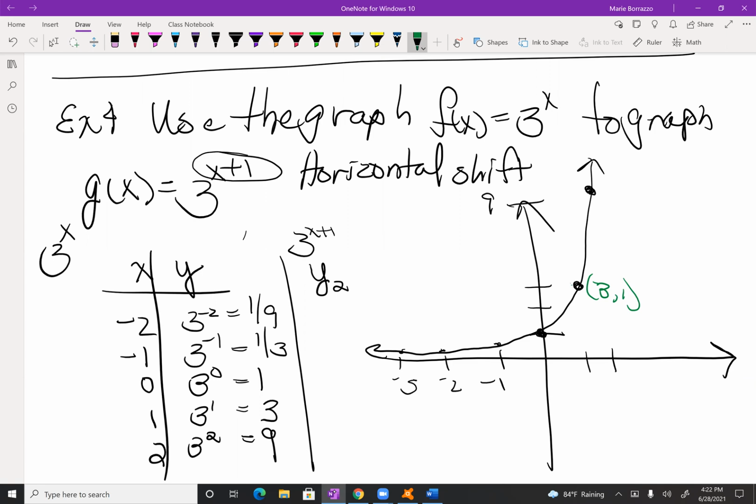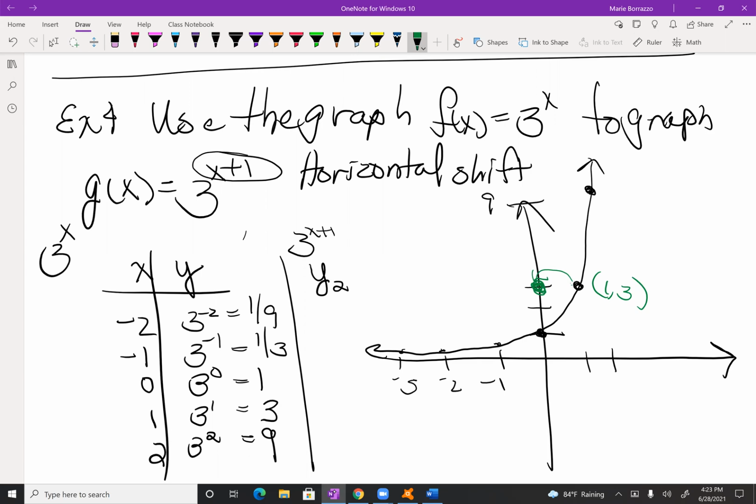Professor, you said 3, 1 or 1, 3? Yeah, it's 1, 3, right? 1, 3. It's called a brain fart. Don't worry. So this is 1, 3. This is going to now become over here because I'm moving 1 unit to the left. So now I'm at 0, 3 for my new point.